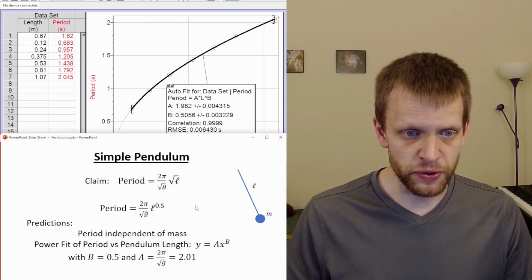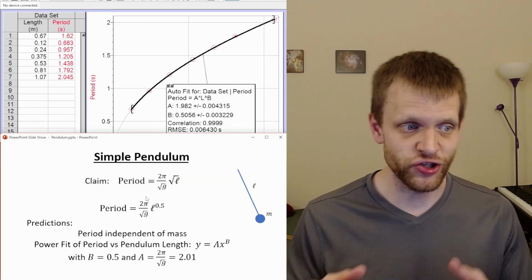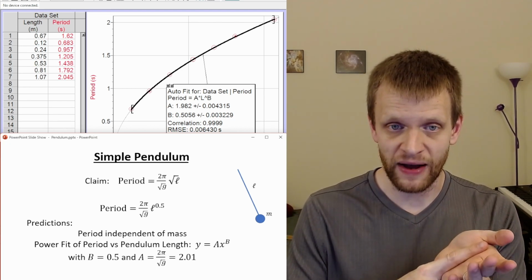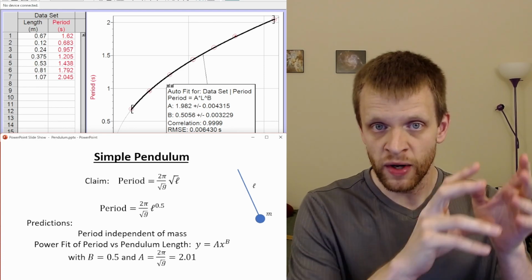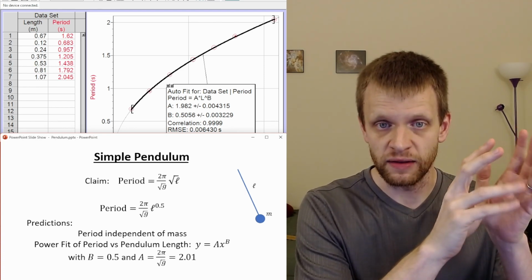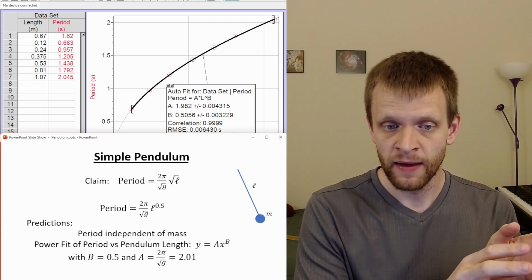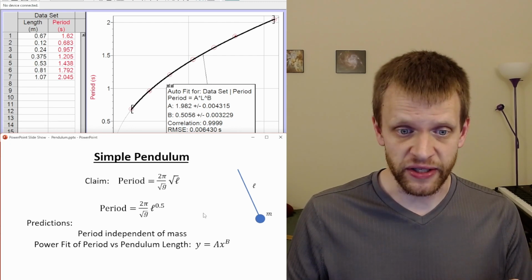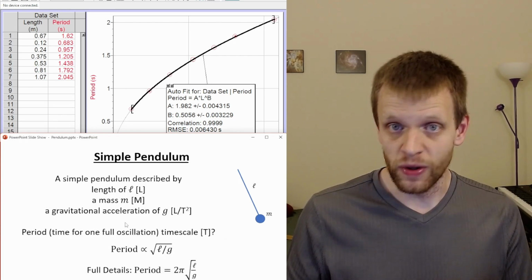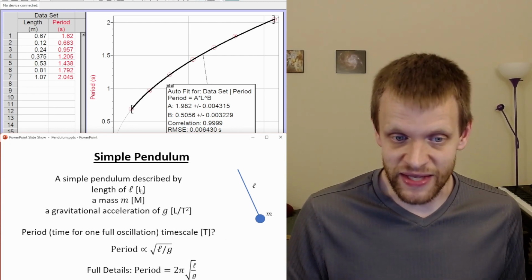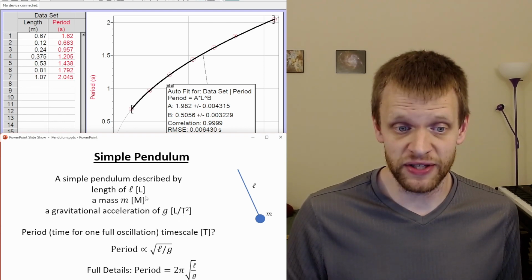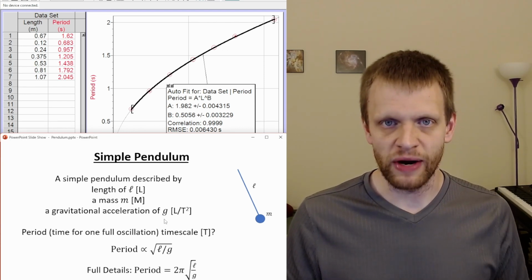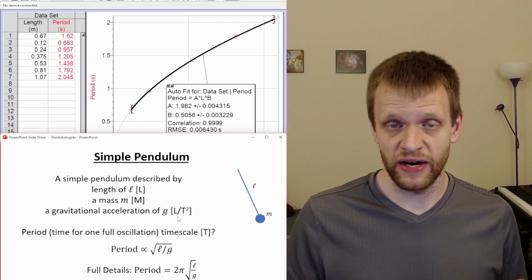So this prediction that we were making based on the dimensional analysis, where we found that the period should be related to the square root of the length of the pendulum divided by g, matched with predictions. And that dimensional analysis was based on the dimensions of these units: the length of the pendulum is obviously a length, the mass is obviously a mass, and this gravitational acceleration is a length divided by a time squared.